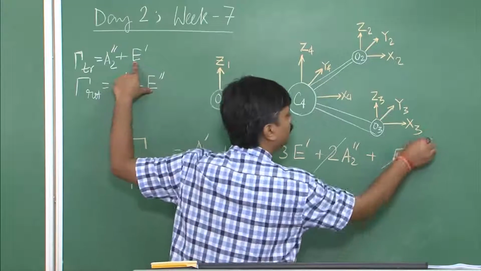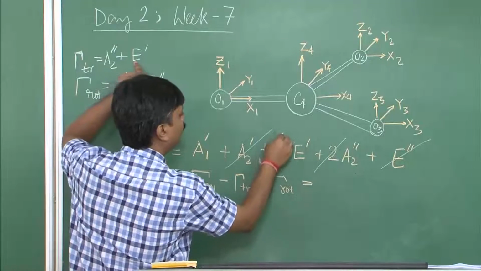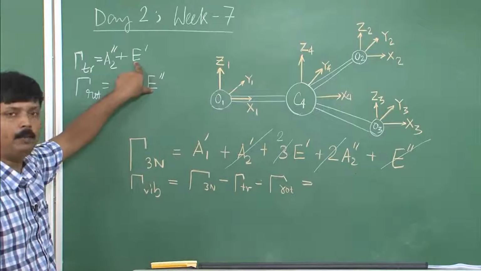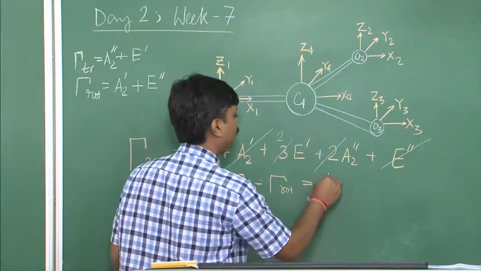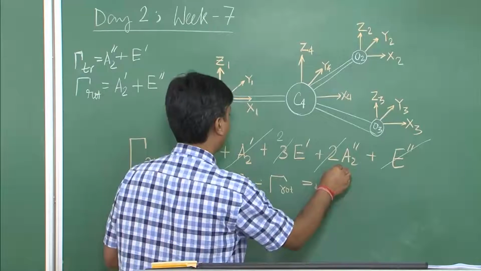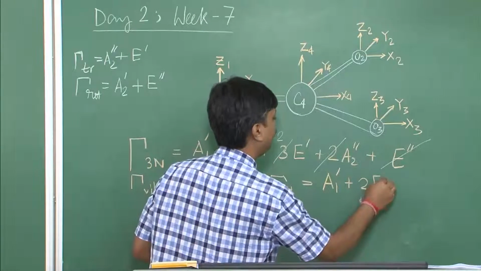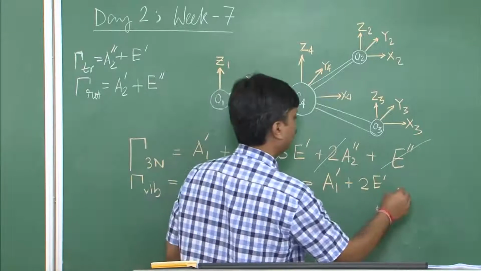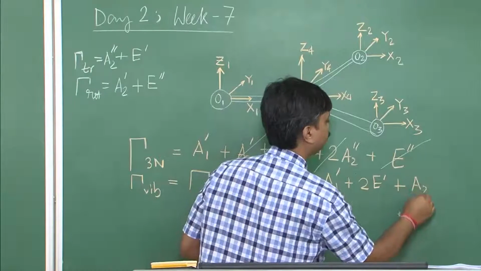So E double prime is gone, and I am now left with two E primes. If I write that, ultimately I have A1 prime plus 2 E prime, all right, and I have one A2 double prime.